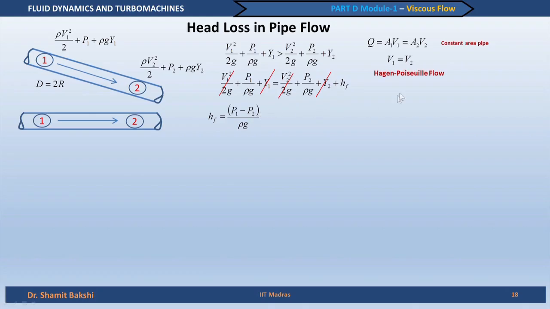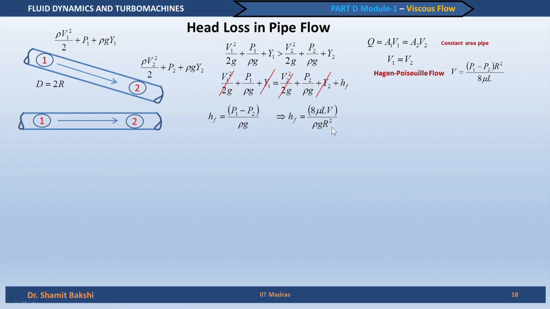So, we can use the Hagen Poiseuille flow solution, which says that the average velocity is (P1 minus P2) r square by 8 mu L. So, you can utilize this expression here, and if you do that, you get the friction loss. So, this was what you got. You can now replace P1 minus P2 from this equation and plug it in here, and you get an expression for head loss due to friction.